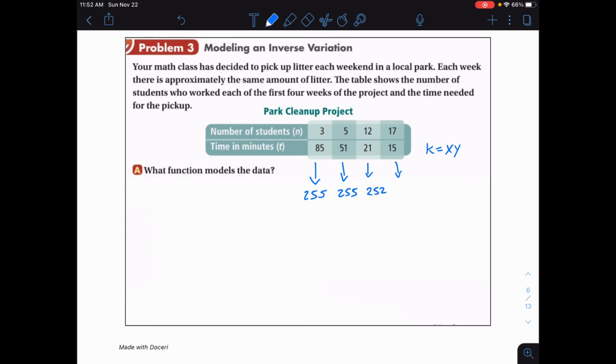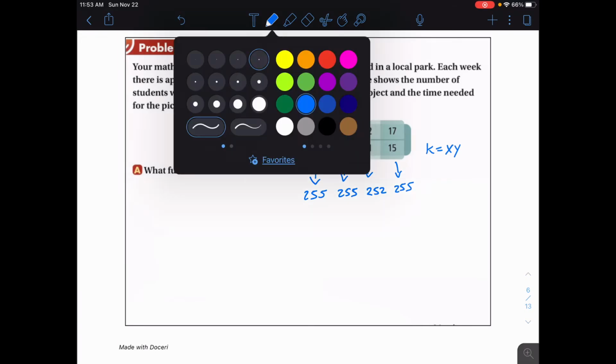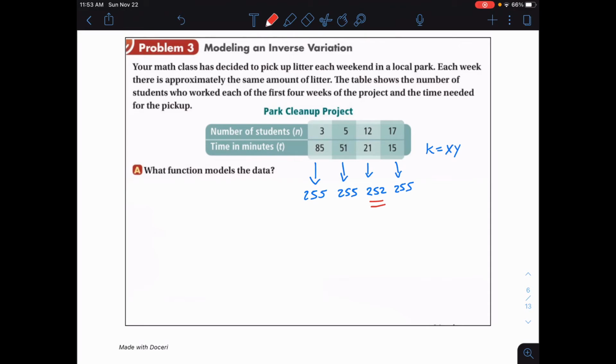And 17 times 15 is 255. There is this one variance here, but ultimately it is fairly close to 255. So we're actually going to just use the 255 as k. And so what this means is that we can model this using y equals 255 over x.